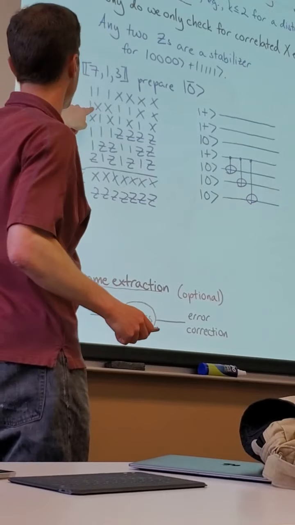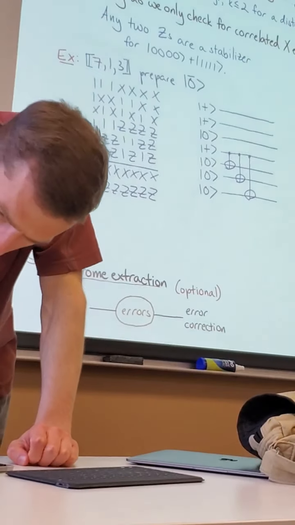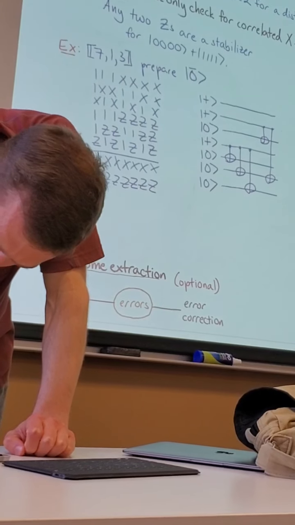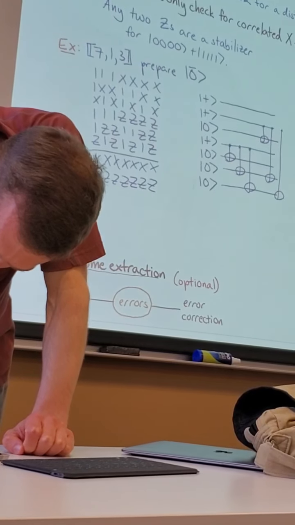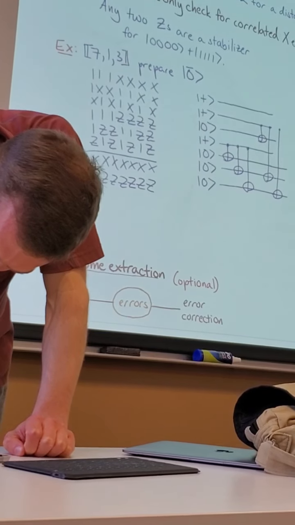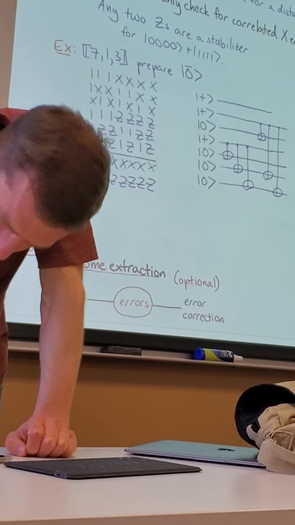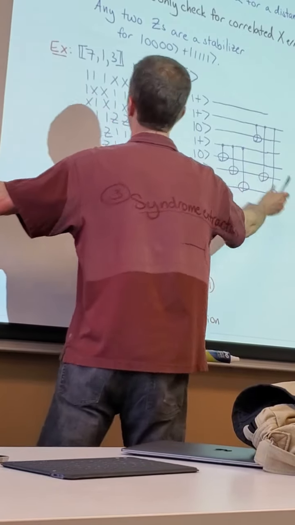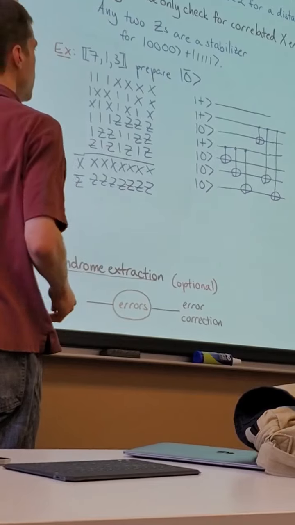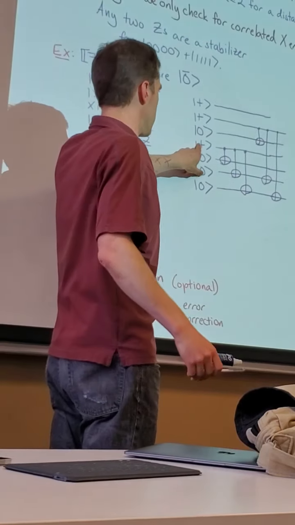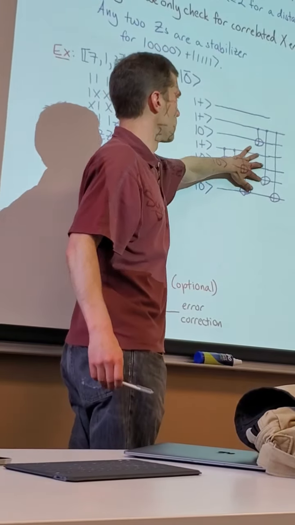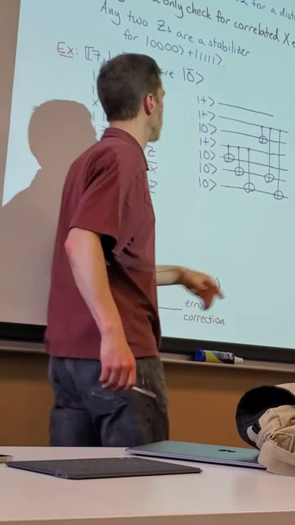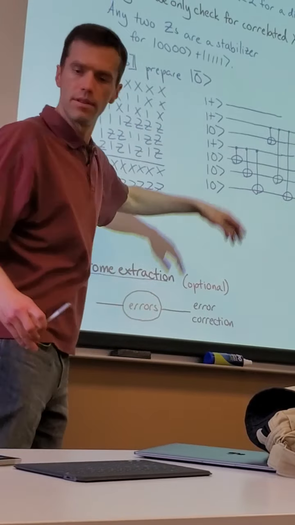Now I want to get, let's say, this stabilizer. So I do that. So this X stabilizer is sent to X, which is what we wanted. And it doesn't mess up this stabilizer at all, because there's no control wires here. So it still comes out as I, X. Right, so that's good.